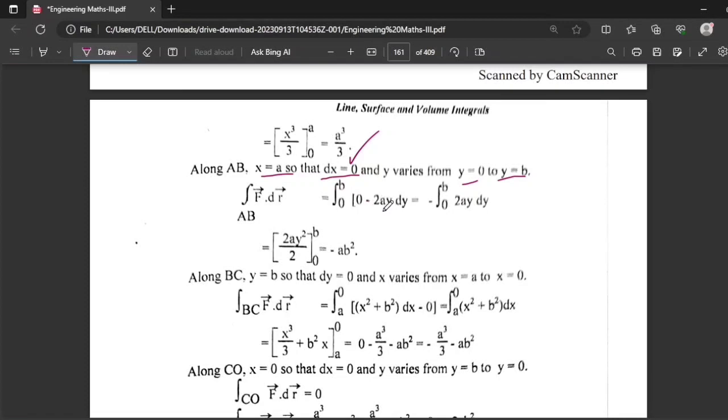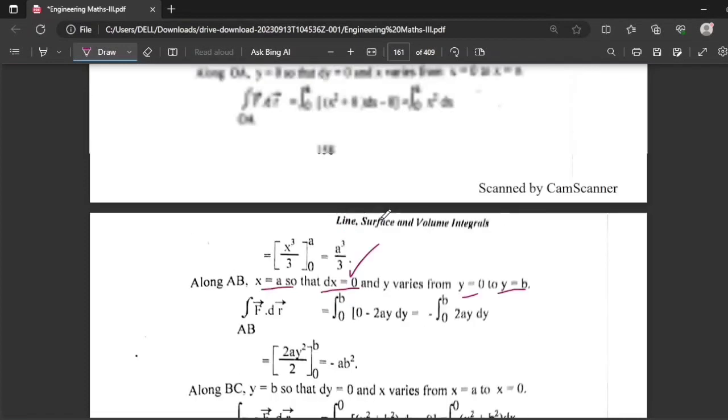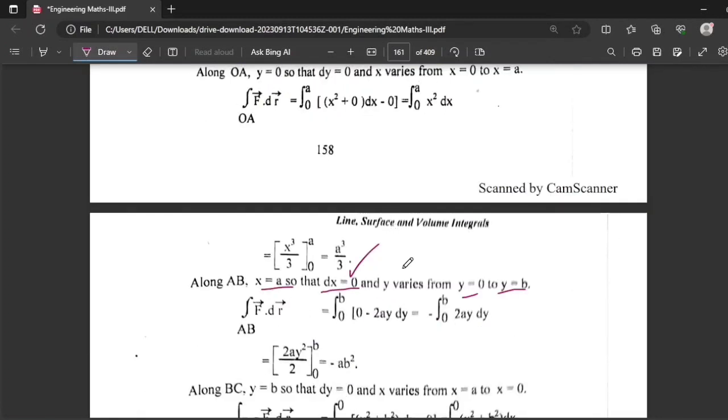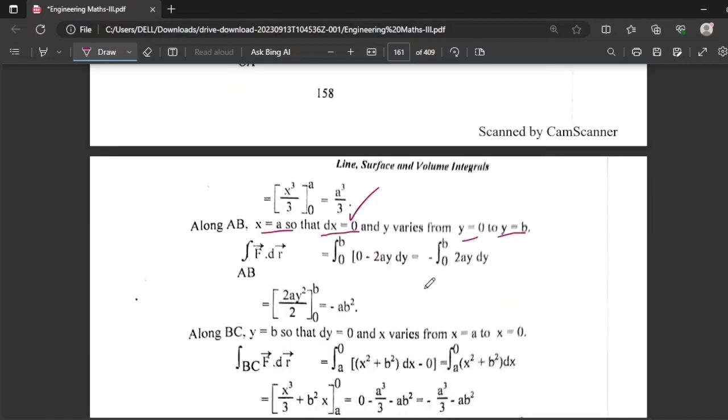Minus 2xy dy, x being a, so it is the integration from 0 to b, and minus is taken out, and 2a y dy.